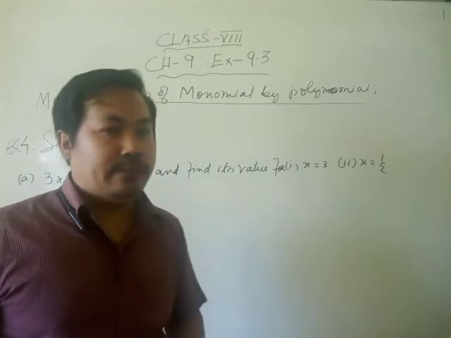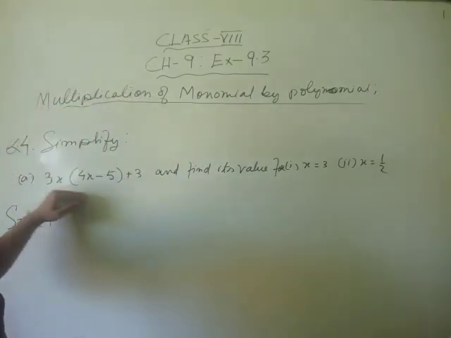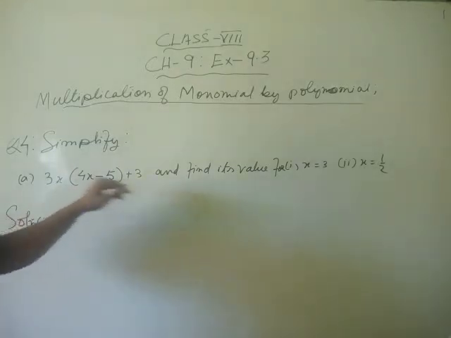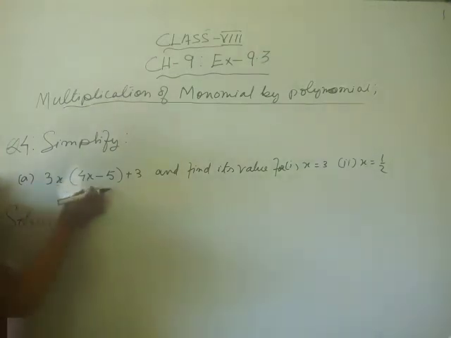So two times we have to find the values of this expression. First we are going to simplify the expression. Simplify means, my dear student, just write the equation first: 3x.